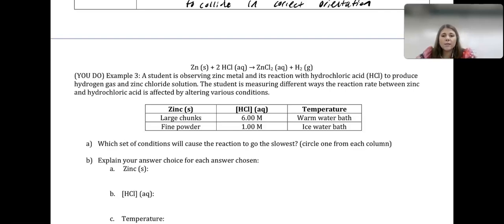In part A, you're going to circle in each column which one would give us the slowest reaction rate, and then explain your choice for why you chose that option rather than the other one. So pause the video, try this out yourself, then click play and I'll go over the answers.